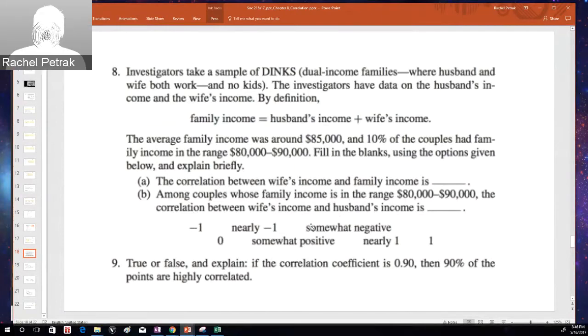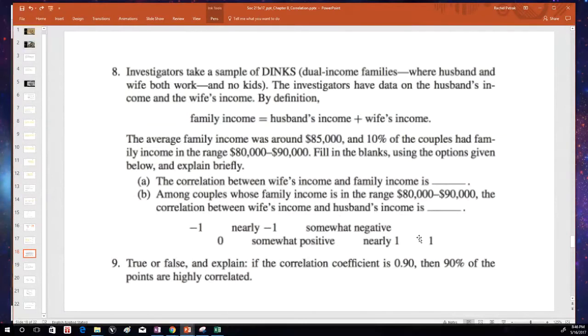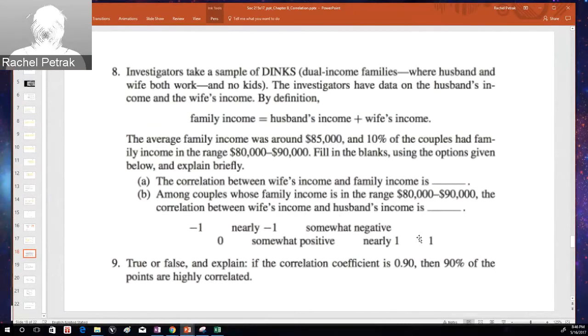And so would we expect that correlation to be nearly 1 or 1, or just somewhat positive? 1, exactly. We would expect it to be 1 because the wife's income is part of this variable.